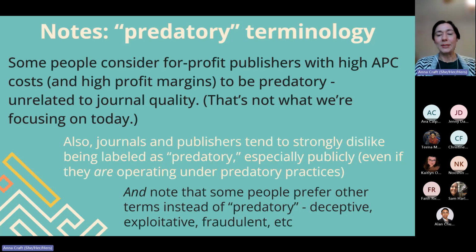There have been some lawsuits in the past with people who have created lists of these things and shared them publicly. Also, please note that some people don't like this term, just don't like predatory in this context, and might prefer another term: misleading, deceptive, exploitative, fraudulent. There are a lot of different terms that can be used in this context, but the most common one that I see is predatory. So that's the one that we're using today.